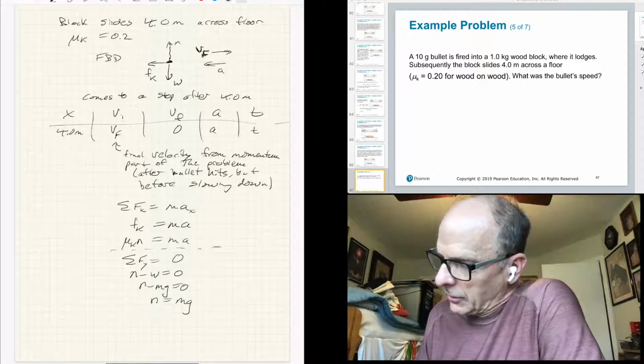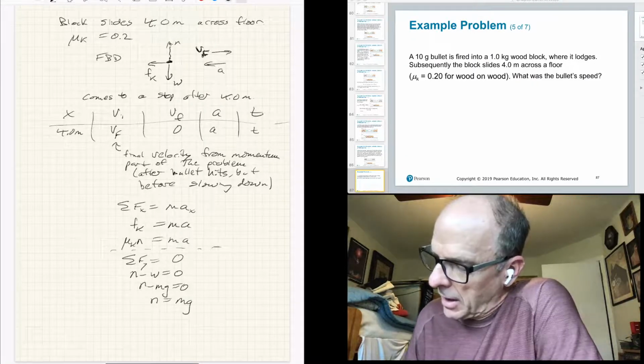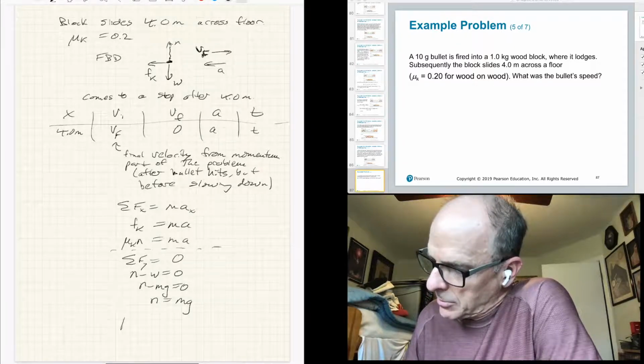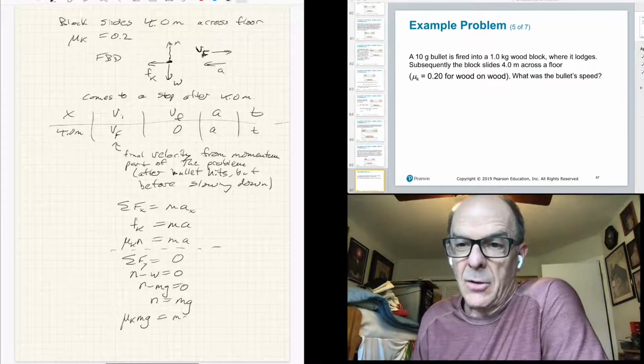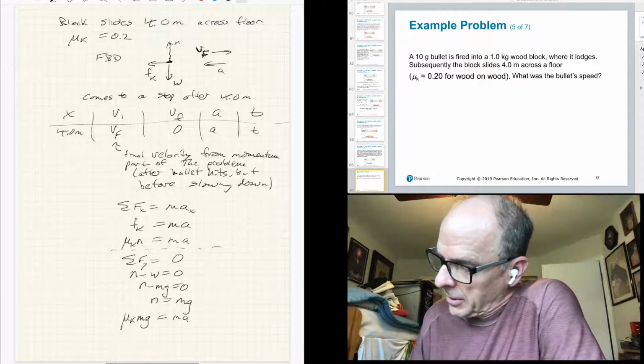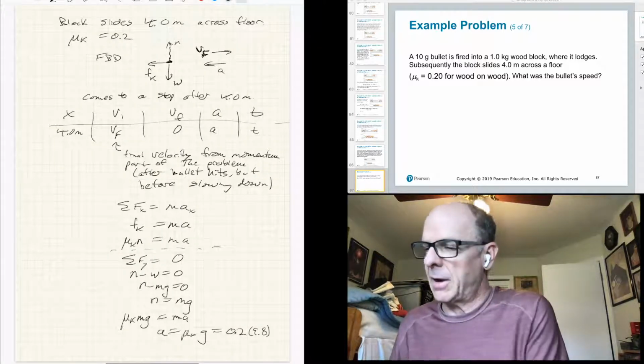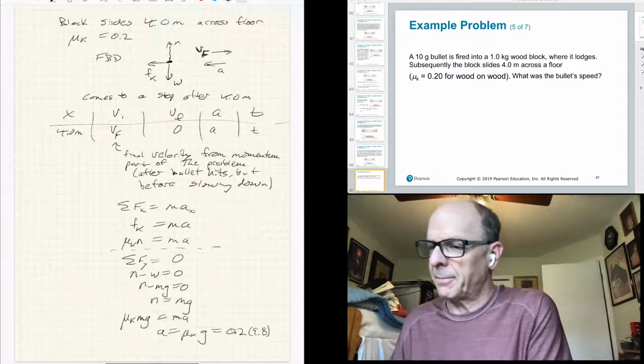So now I have N. I can substitute that into my x equation of Newton's second law. So I have mu k times mg equals m times a. I know the mass, but I don't need to. It cancels out. So that gives me the acceleration is mu k times g, which is 0.2 times 9.8. Ta-da! I have now a number for the acceleration.